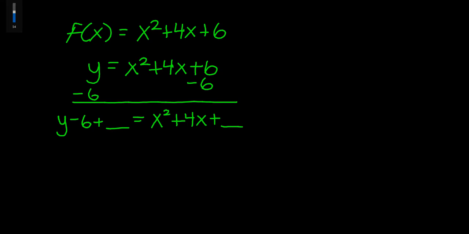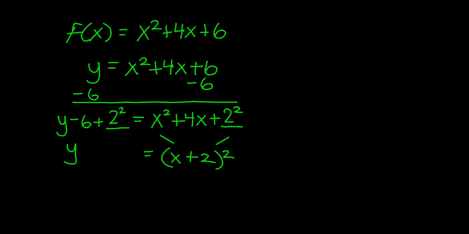Okay. Next, we're going to fill in the blank, and we fill in that blank with half of that middle term squared. The middle term here was 4, so we're going to put a 2 squared onto both sides. On this side, just like completing the square, we're going to get x plus 2 squared equals y, and we've got minus 6 plus 4, 2 to the second power is 4, and minus 6 plus 4 is minus 2.